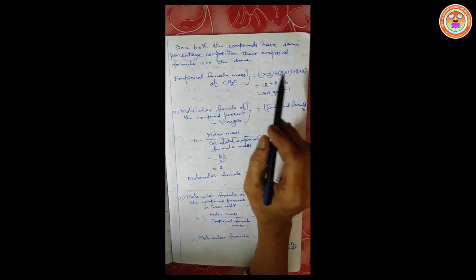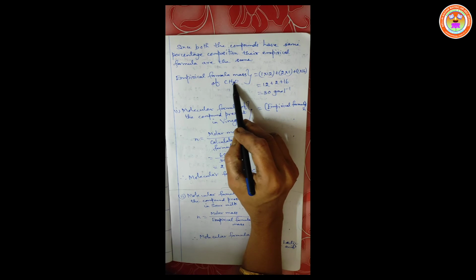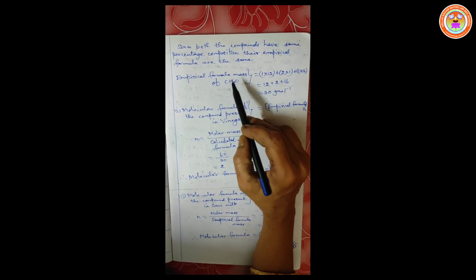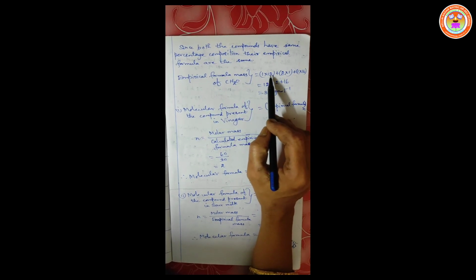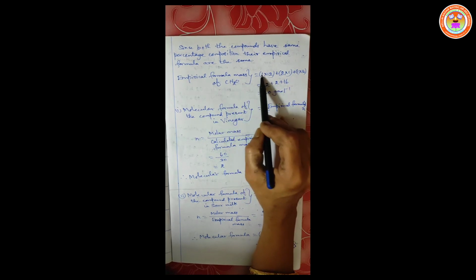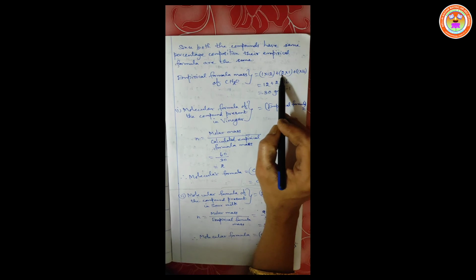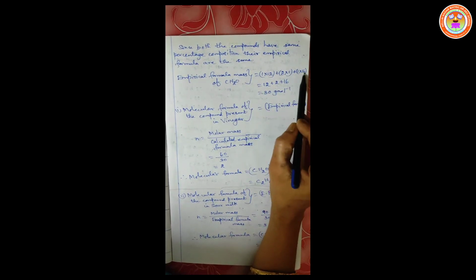So here the empirical formula is CH2O. We should multiply the number of atoms by its atomic mass, then sum up the values. So one carbon, so 1 into 12, plus 2 hydrogen, so 2 into 1, then there is one oxygen atom, so 1 into 16, atomic mass of oxygen is 16.